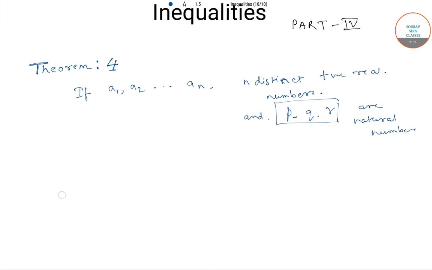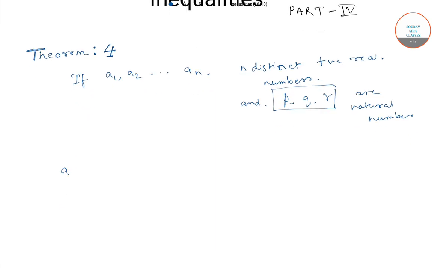then we would have A1 raised to the power P plus Q plus R plus A2 raised to the power P plus Q plus R plus so on till An raised to the power P plus Q plus R, all of this divided by n.